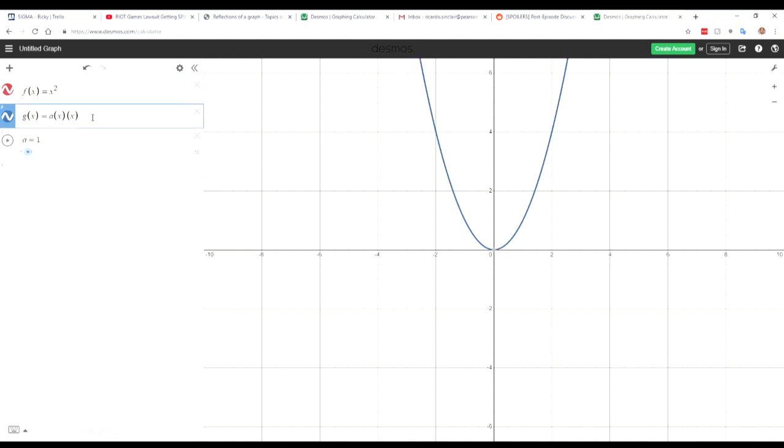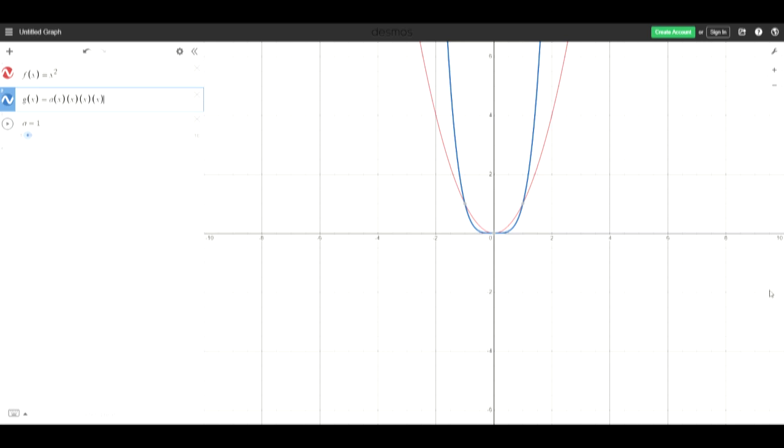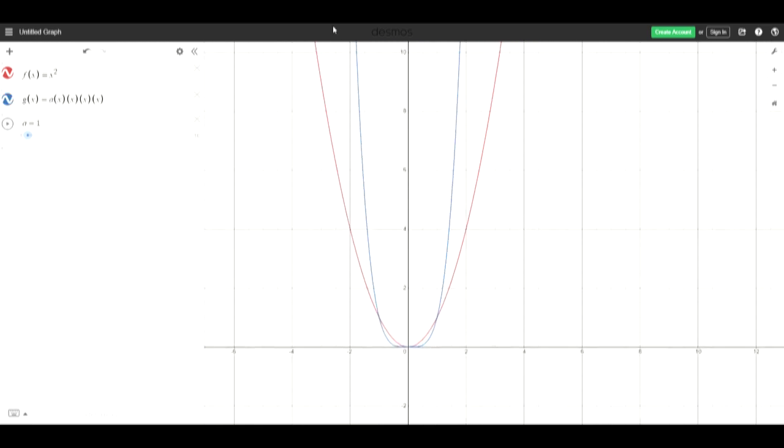So x times x is x squared, that's why they're exactly the same. But we said that all of the even ones should have a similar end behavior to our power function. So let's see what happens if I take this to the fourth power. Then I don't have my quadratic anymore, but my end behavior is still the same. It's still decreasing on the left side and increasing on the right.